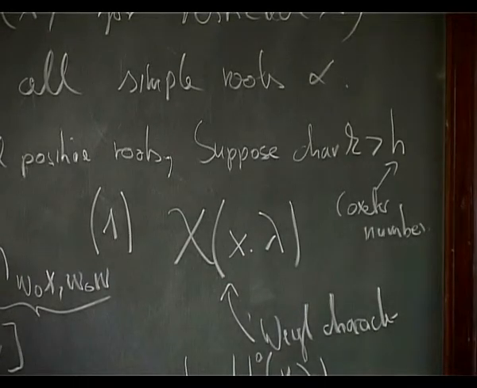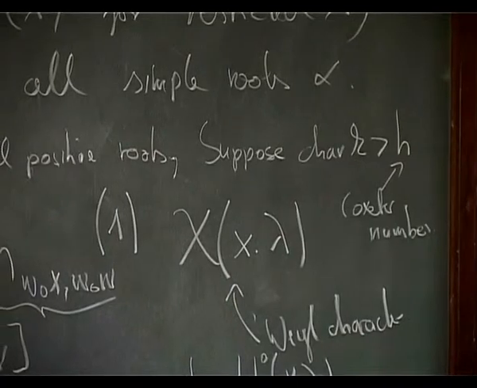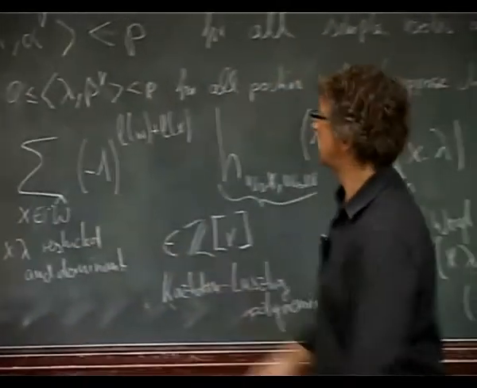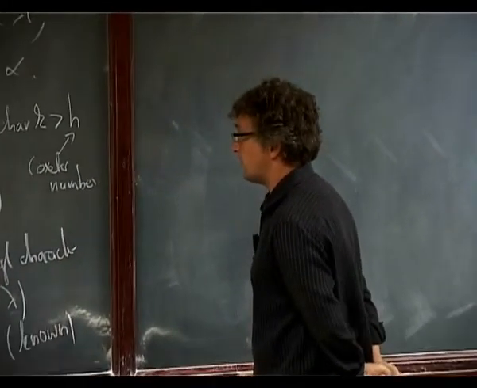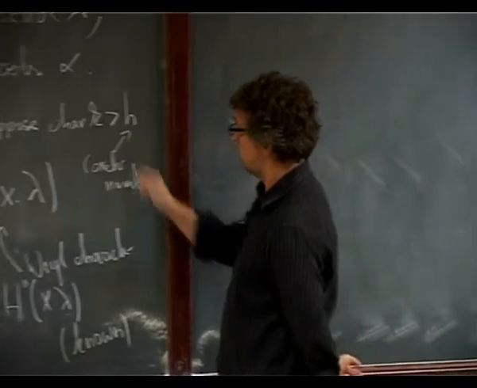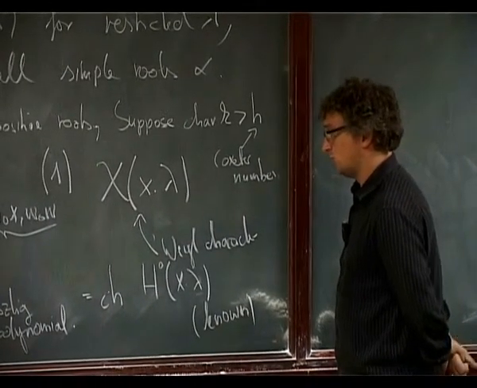So we have to allow to vary the field K. We fix the group like GL_n, but we put in different fields. And as long as the characteristic of K is strictly bigger than the Coxeter number, this should hold.